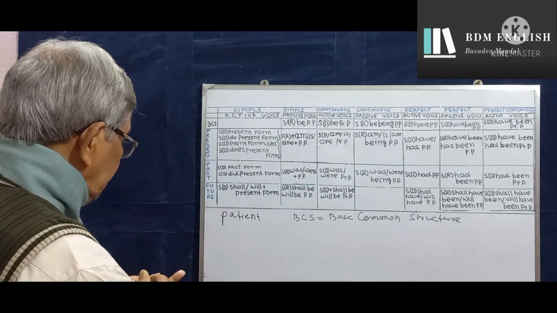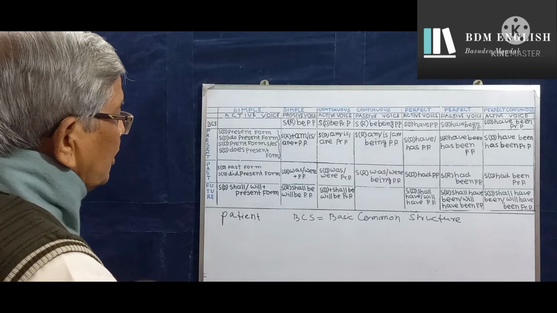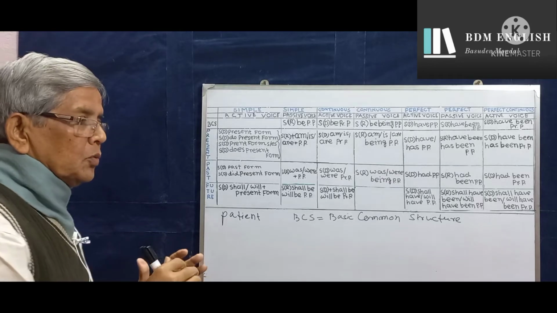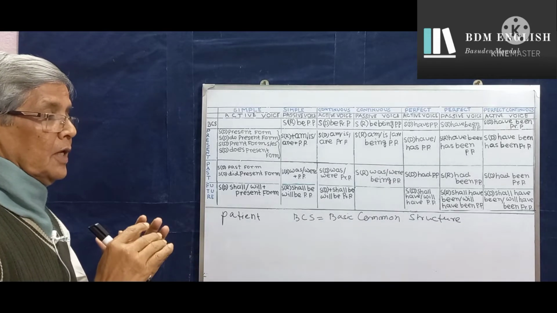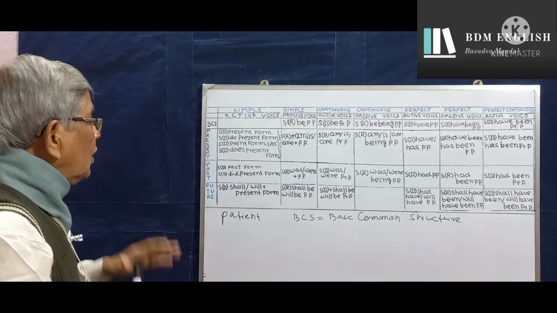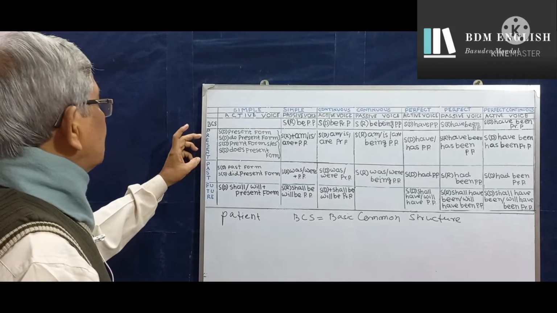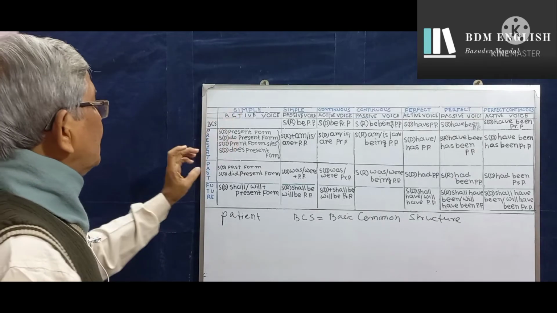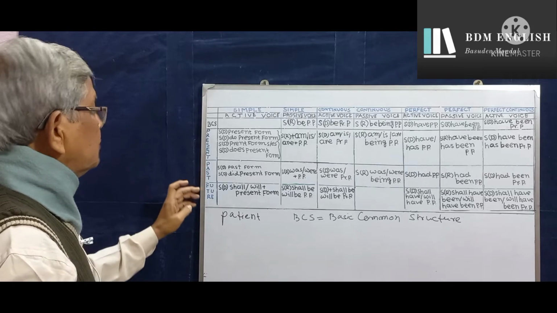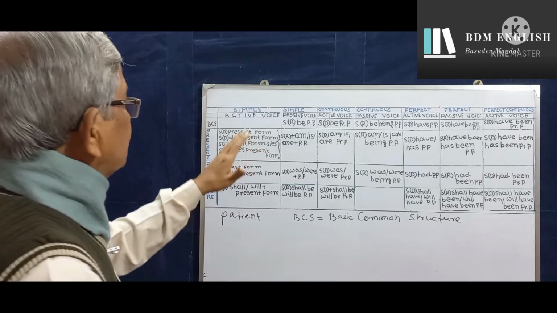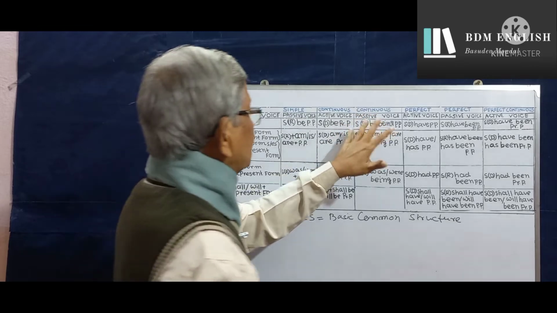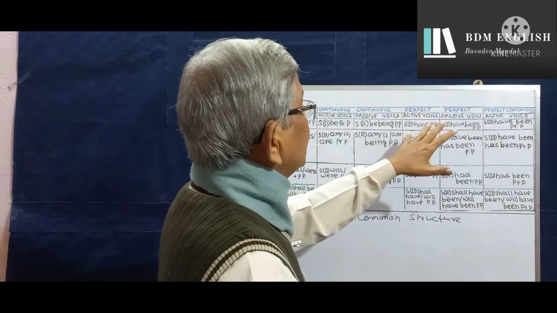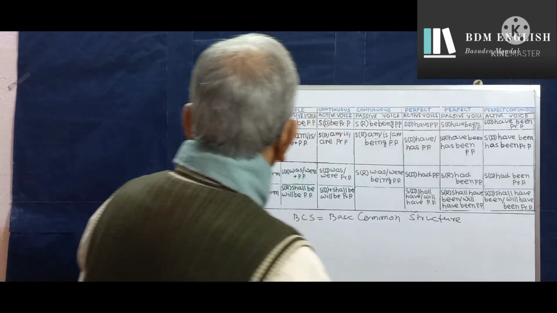Now, let us have a brief recap of voice, the basic rules of voice and tense calculation. We know that tense is a combination of time and aspect. We have got 3 times, present, past and future, and 4 aspects: simple, continuous or progressive, perfect and perfect continuous.